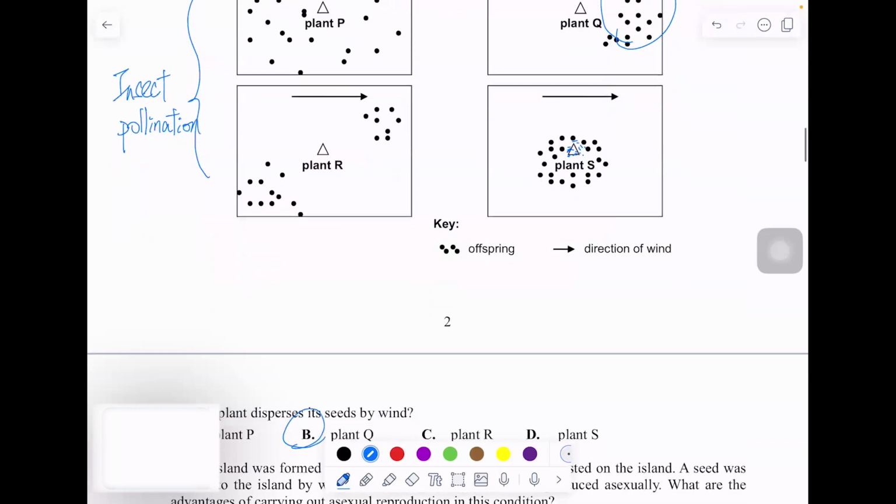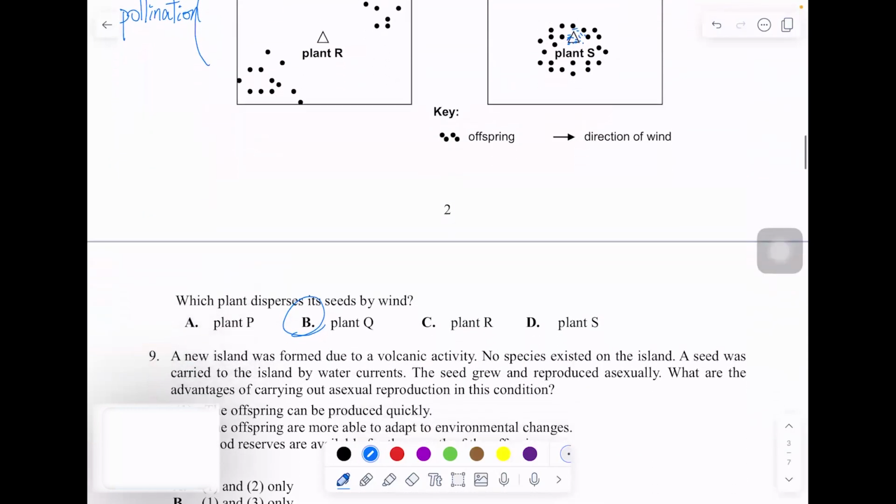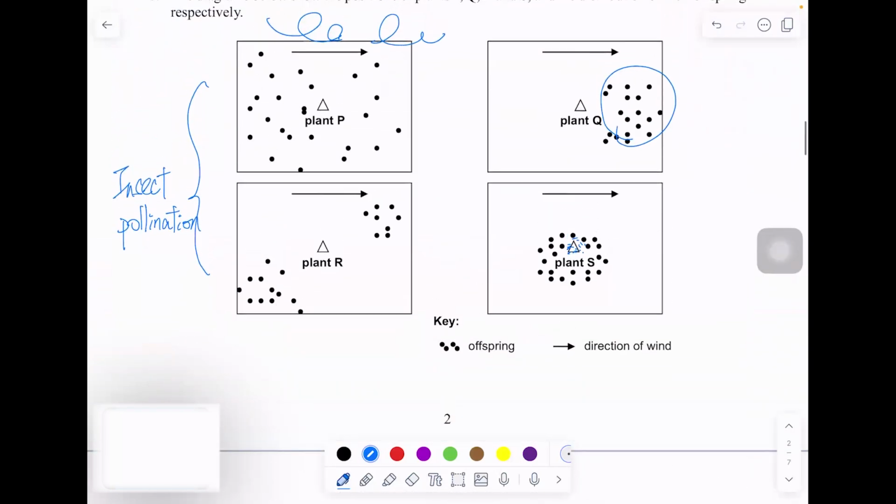Of course, it could be both insect pollination and wind pollination. That could be another possibility, because some plants not only undergo animal or insect pollination, they also undergo wind pollination at the same time to increase the rate of colonization of their offspring.